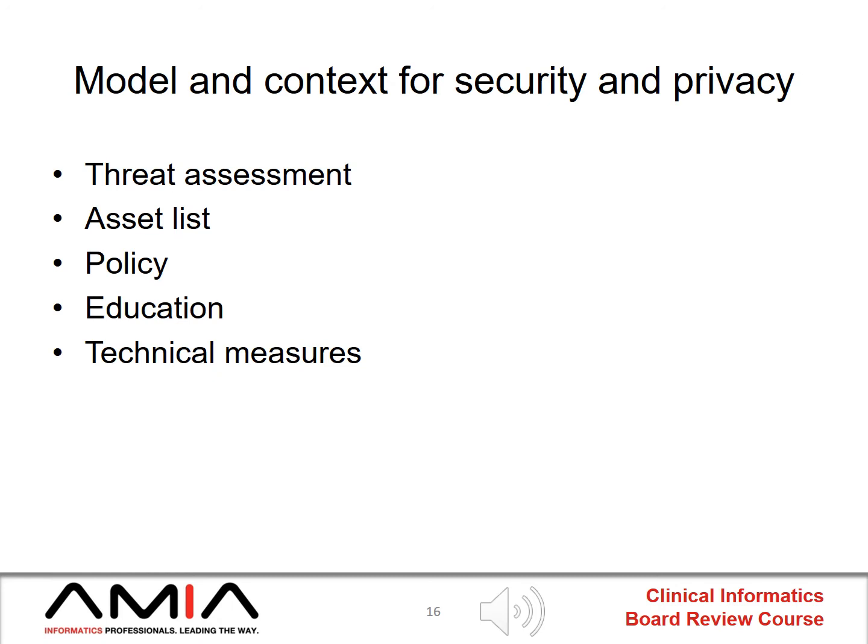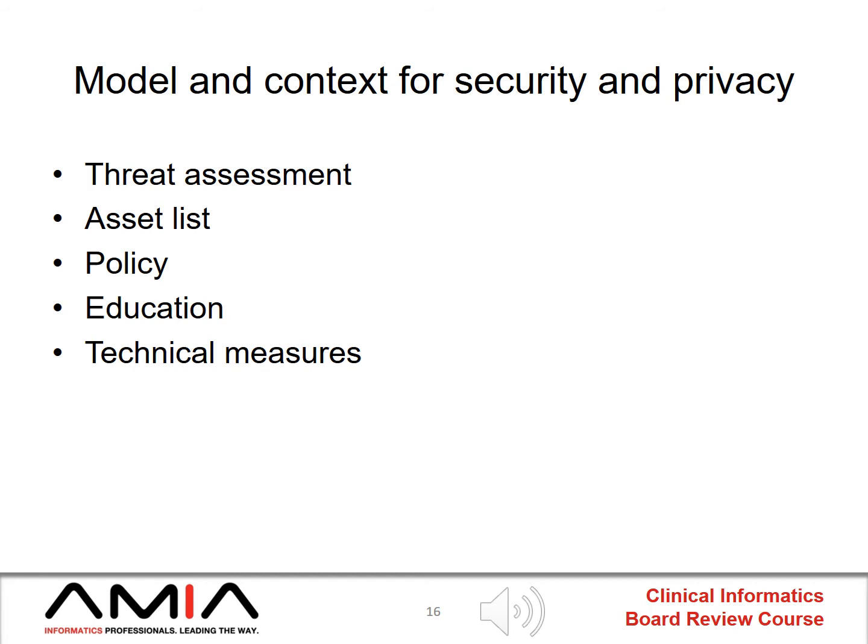We'll cover security and privacy in greater detail in this lecture series, but it's useful to have a model and a context for these two concepts, and this is the outline of a model we'll use, which I think is quite helpful. It begins with threat assessment, an understanding of your assets in the form of a list of your assets, policy, education, and technical measures.